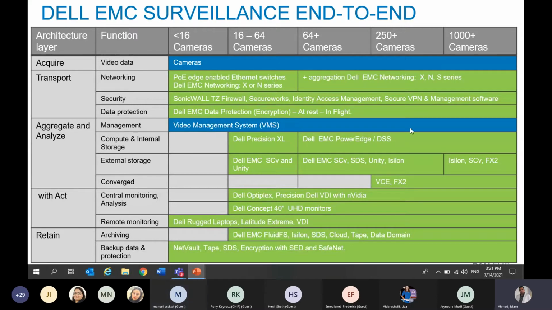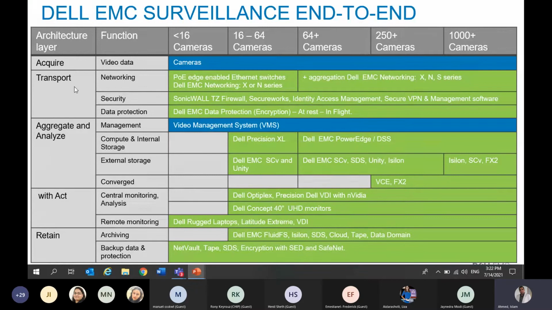Still, Dell EMC has different products serving different architecture layers. You can find here all the architecture layers: acquire, transport, aggregate, act, and retain. And here are sub-layers, for example under transport: networking, security, and data protection; aggregate: analyze, management, computing, storage, external storage, and converged storage; and here, act, central monitoring, and so on.